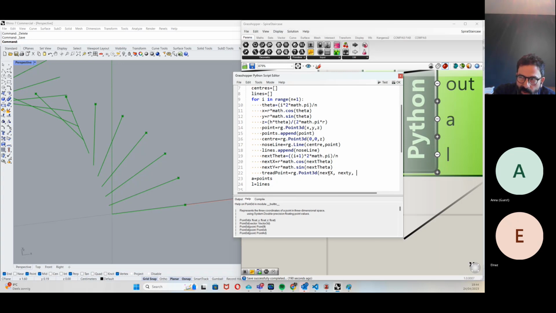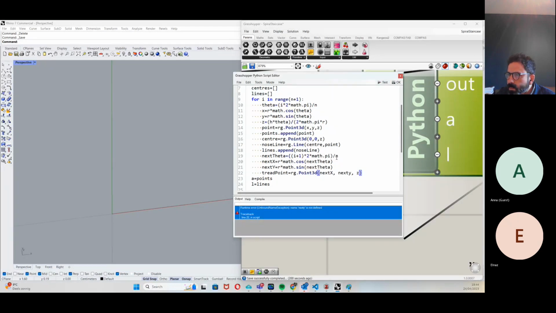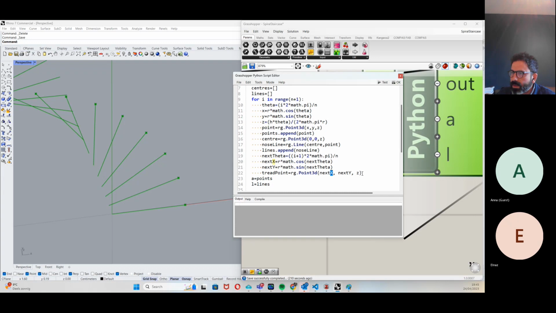is 0, or no, next with the same z basically. Next y is not defined. Okay, of course. No big complaint.